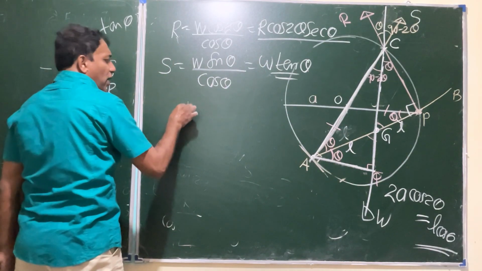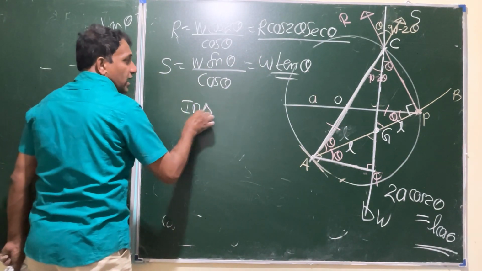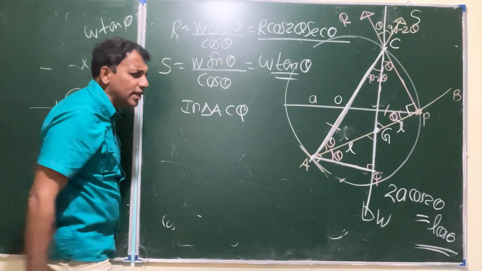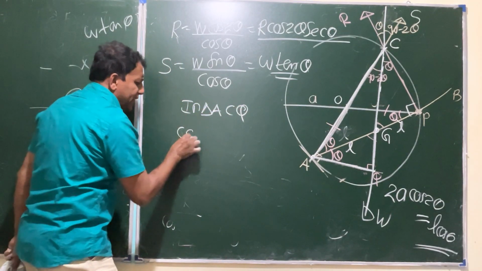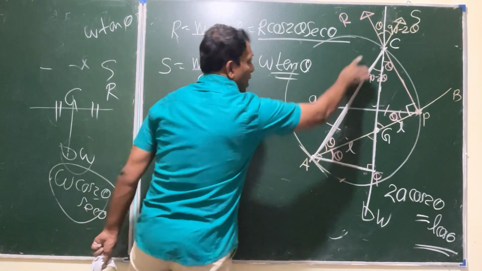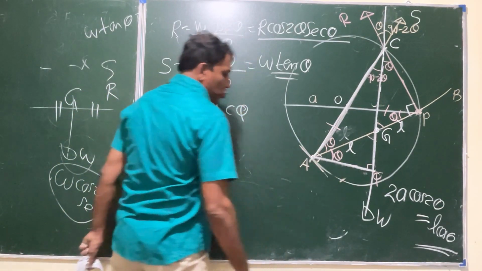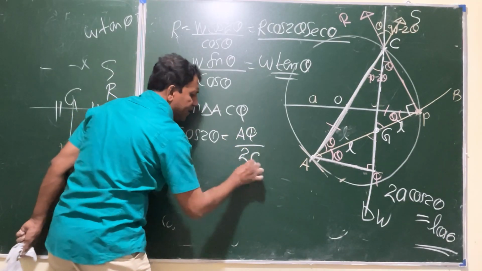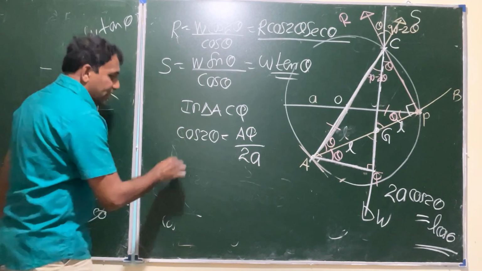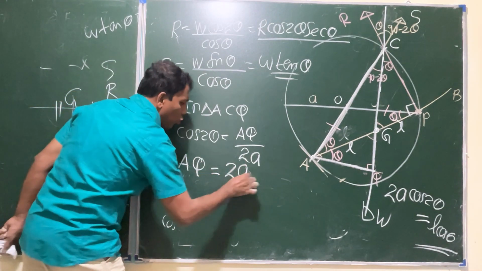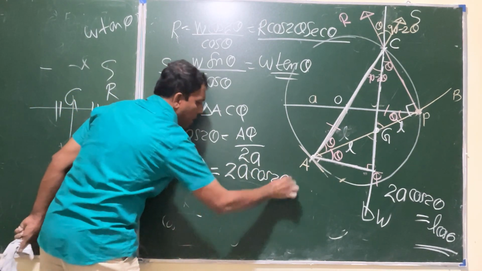See that in triangle ACQ, what is cos 2 theta? Triangle ACQ, cos 2 theta, adjacent side over hypotenuse. Okay. Therefore, AQ, my dear student, cross multiply, 2a cos 2 theta.